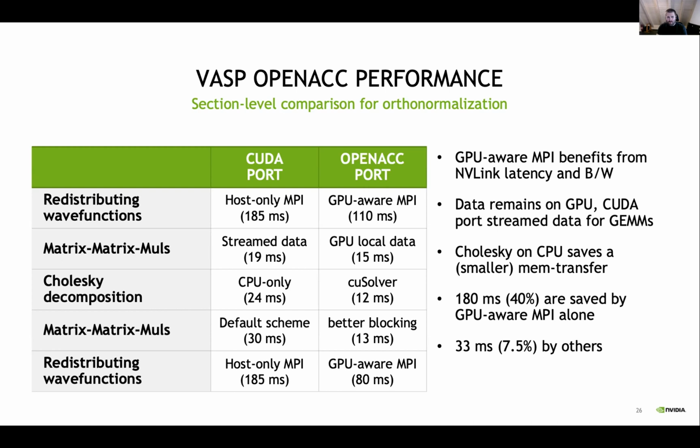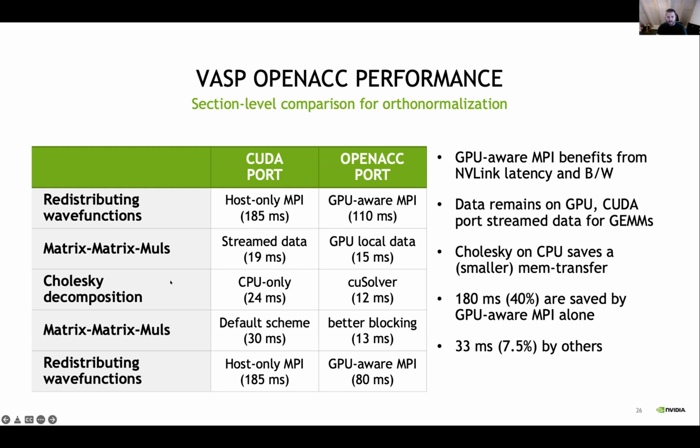Then there is a bunch of matrix multiplications, but when your data resides on the host, which is the only option if you use host-only MPI, you need to stream the data in, similar to what Phil explained with the FFTs, to keep the GPU busy. But when you leave the data on the GPU, well, it's faster, right? Because you don't even need to stream it, and you can just fire off the kernels.